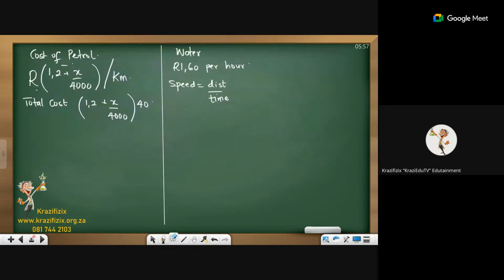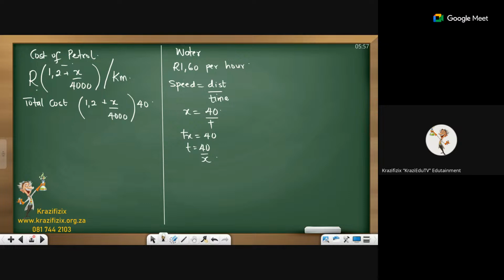The distance is 40, over time. So x equals 40 over time. Time, therefore, is 40 over x. Okay, so guys, we know the time as 40 over x.